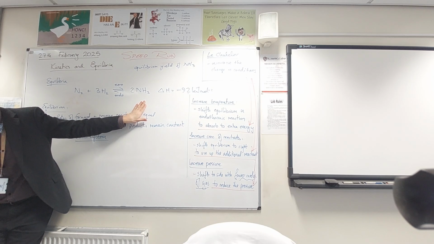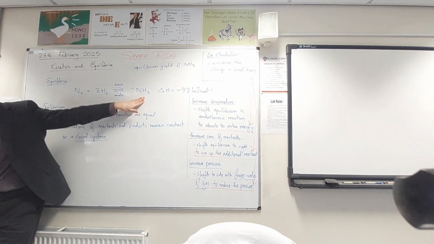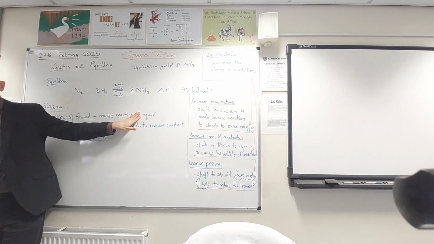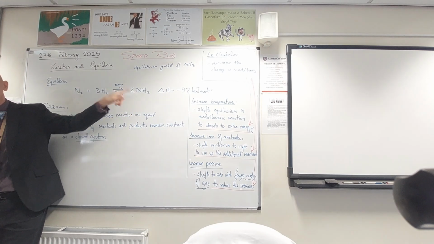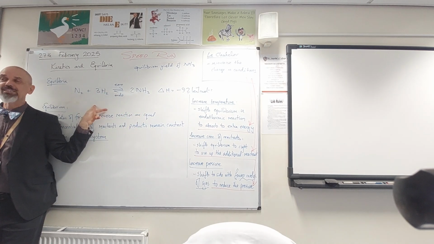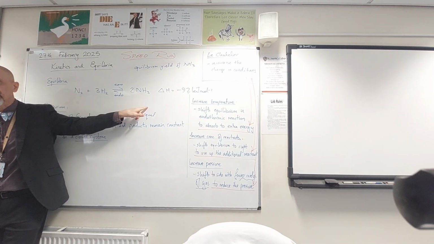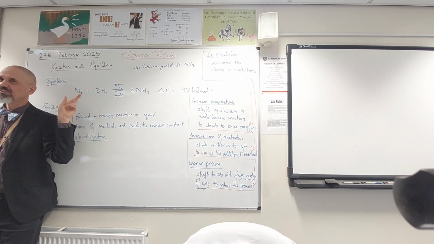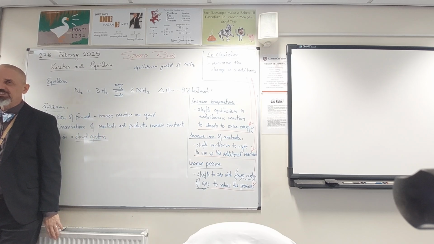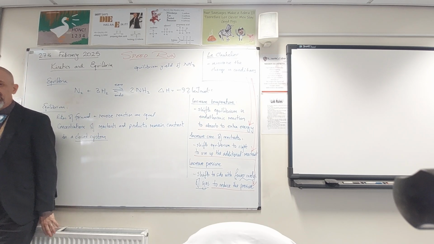And the answer's no, because we're turning ammonia back into nitrogen and hydrogen faster as well. In other words, a catalyst speeds up the rates of the forward and the reverse reactions equally. If it doubles the speed of that one, it doubles the speed of that one as well. So it doesn't actually change the amount of ammonia that I have in the system.